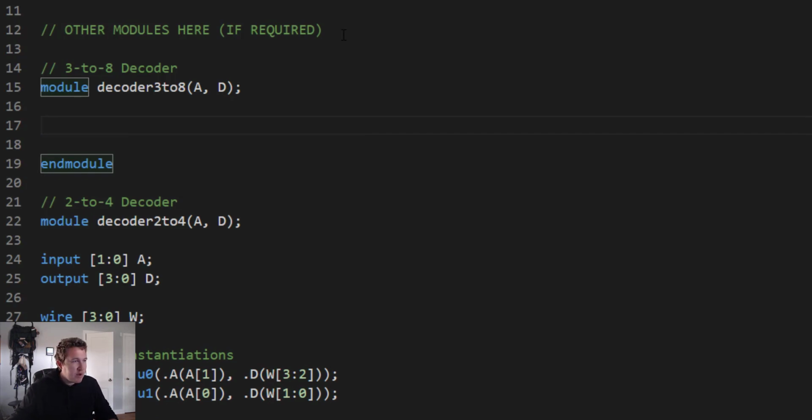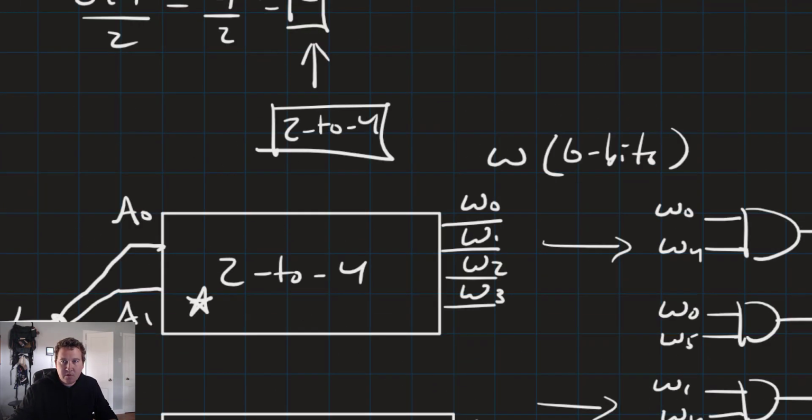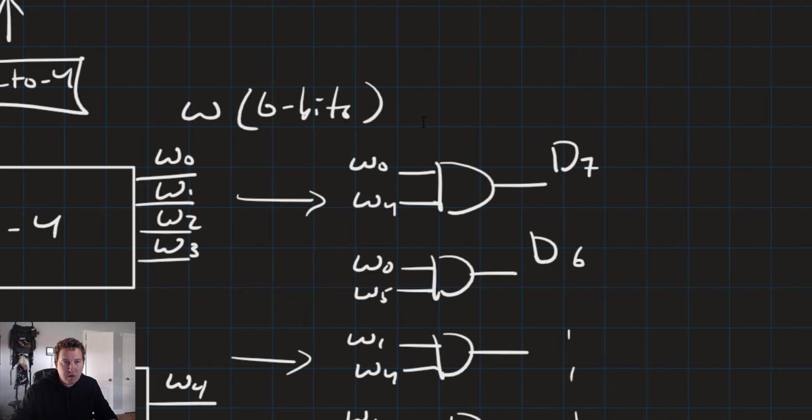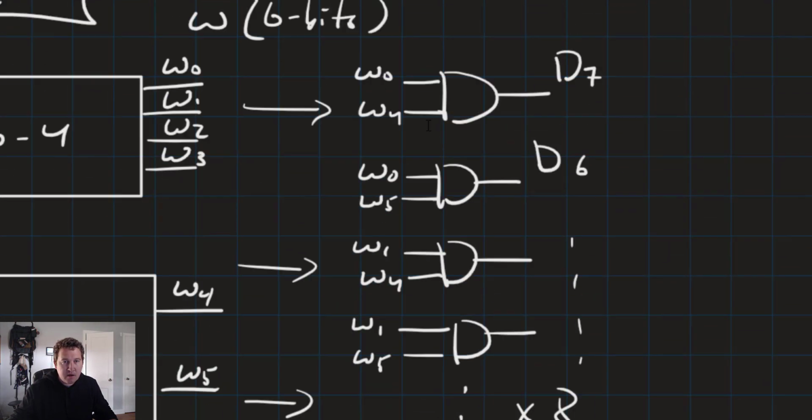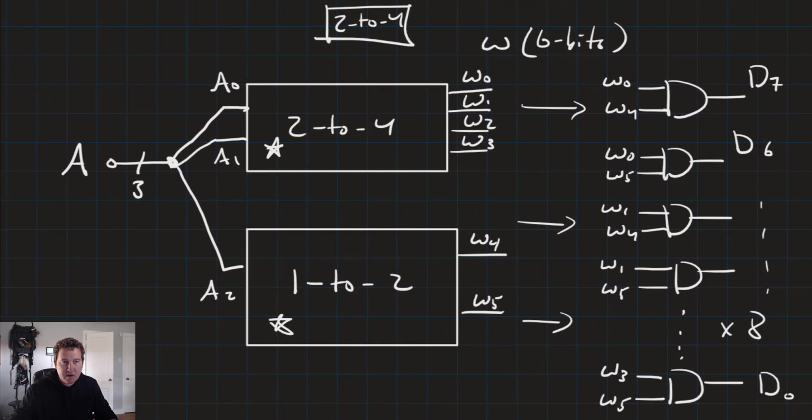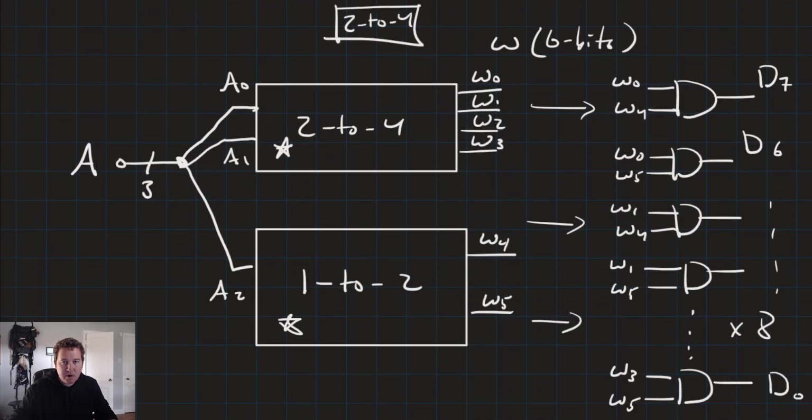Let's take a look back at our notes here. If we scroll up, where's my 3 to 8 at? Yeah, okay. So it's right here. It's got a 2 to 4, a 1 and 2. It's got 3 bits of input. It's got 8 bits of output. And the wire, this is what I was interested in, is 6 bits. So we've got 6 bits of wire.